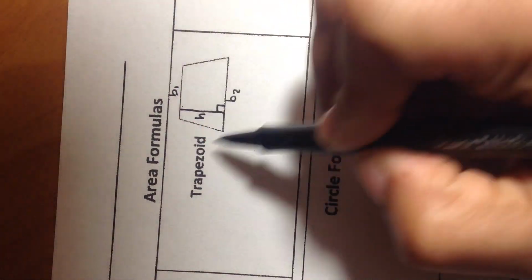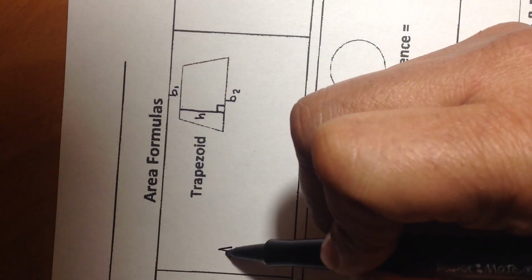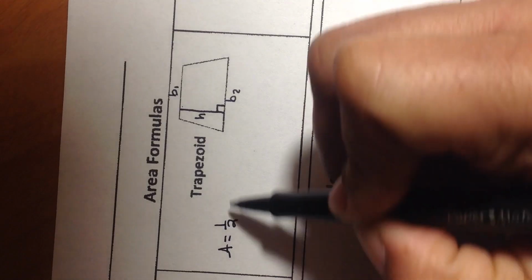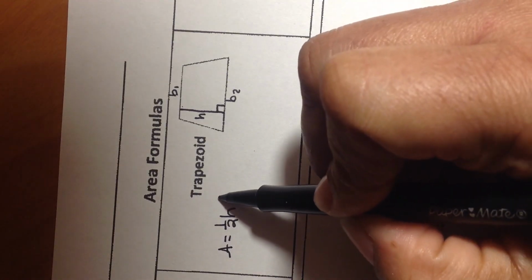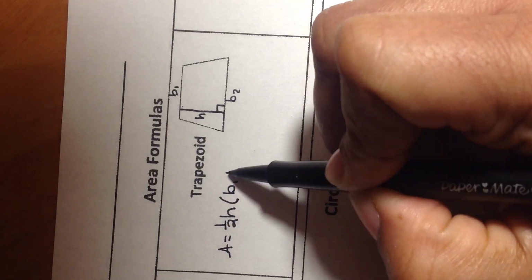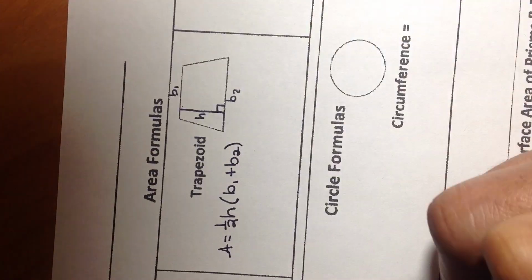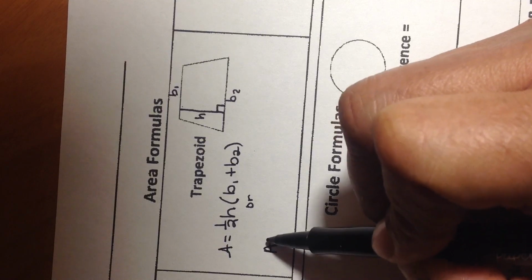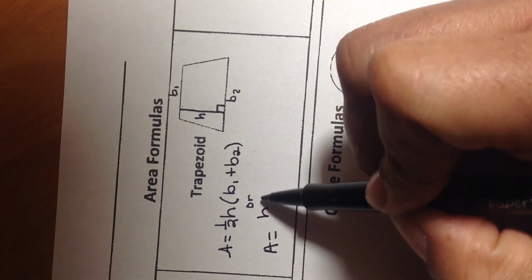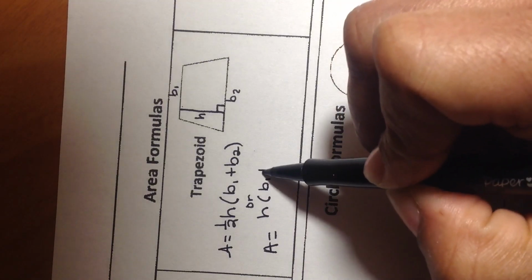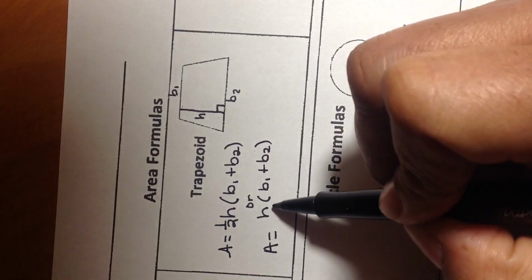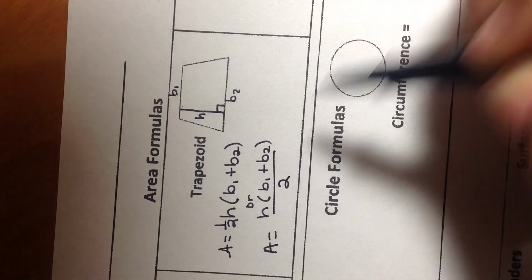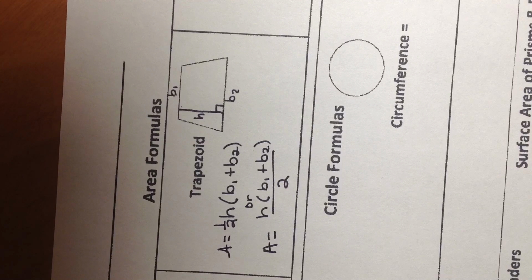So to find the area of a trapezoid, area is equal to 1/2 times the height times base 1 plus base 2. Another way to write this would be to say that area is equal to the height times base 1 plus base 2, all divided by 2. Either one would be okay and would give you the area of a trapezoid.